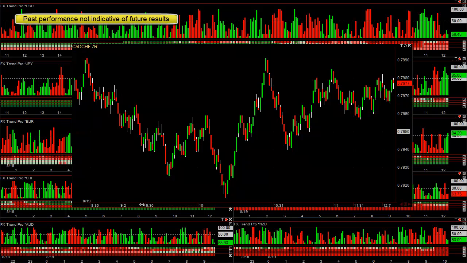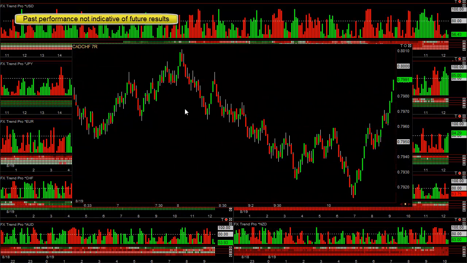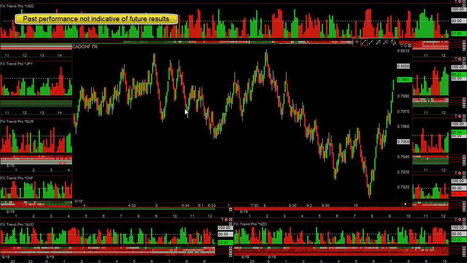We'll put a 7 R on here and use a 7 pips per bar. At 8 o'clock, again, the Swiss was strong and the CAD was weak, and this one's kind of chopping around here. You can see just a lot of choppy price action because they both were strong and weak for the most part most of the day together. One was slightly stronger and it inched its way up, and then the other one became slightly stronger and it inched its way down.